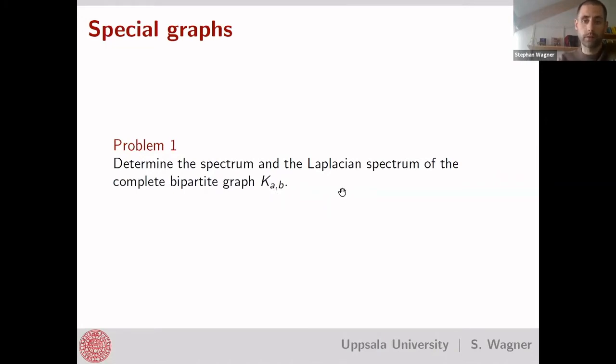And what is the Laplacian spectrum of K_{A,B}? Can we determine those as well? It uses similar ideas to the complete graph, maybe a little bit more involved. Okay, so more about that in part 2 of today, where Kenneth will tell you about the solutions to these problems.